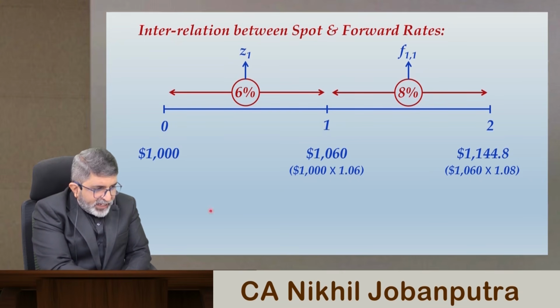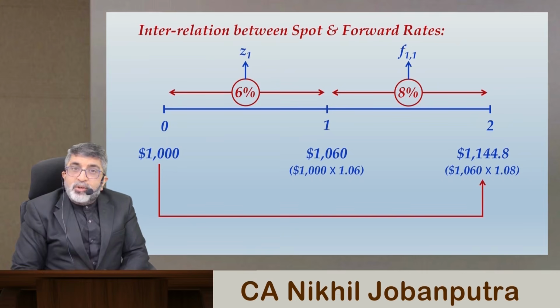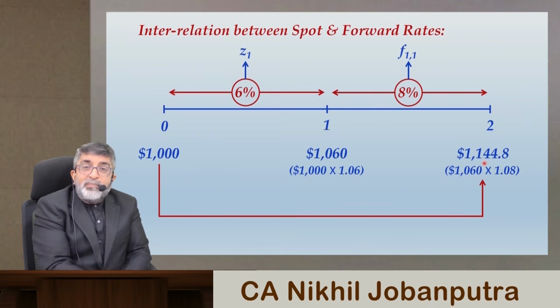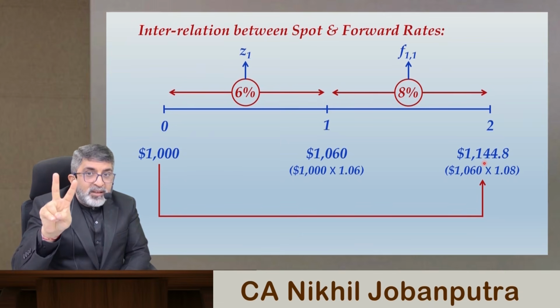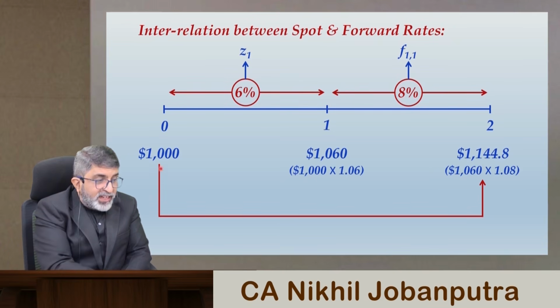What if I directly connect from year 0 to 2? Then today's $1,000 will become $1144.8 in 2 years' time. This rate will be the rate applicable for 2 years, but that will not be a forward rate, that will be a spot rate because it is starting now.